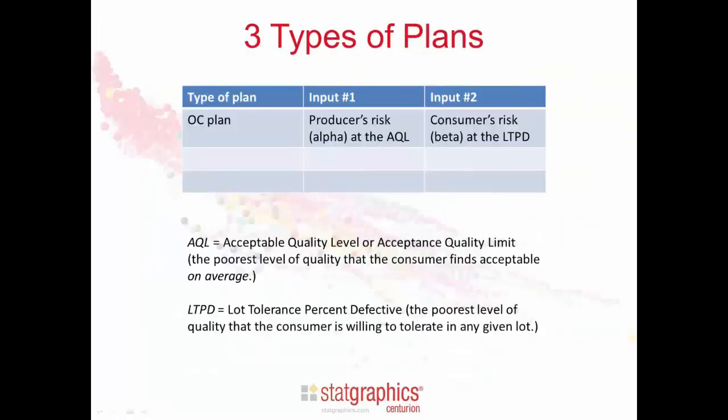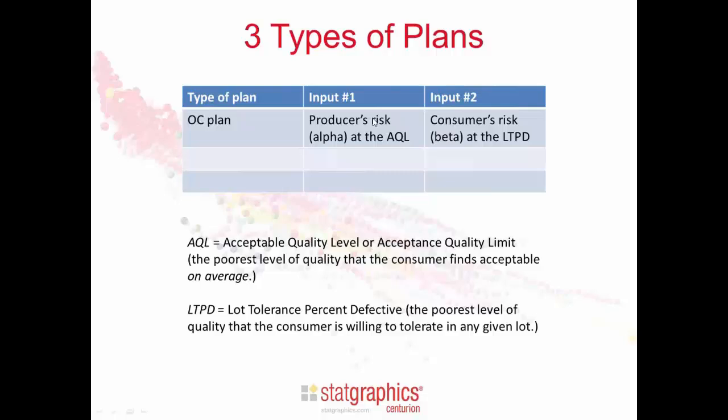There are basically three types of plans being offered to us here. The first type of plan is an OC, or operating characteristic plan. To generate such a plan, we need to input two values.